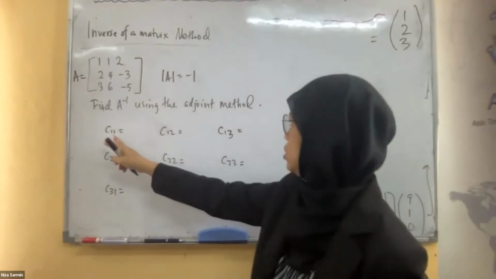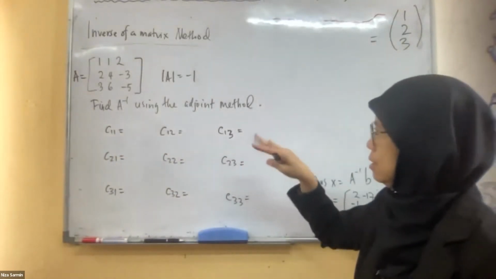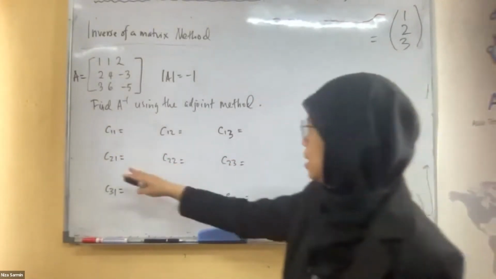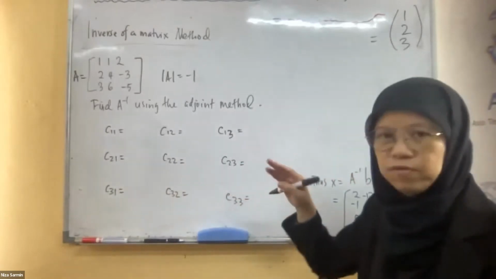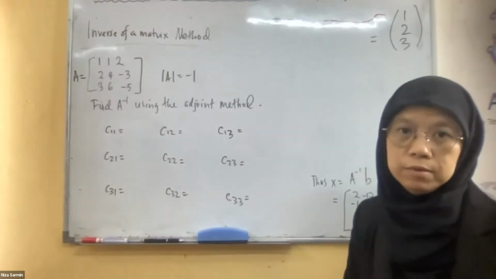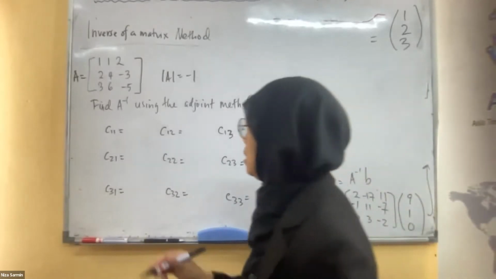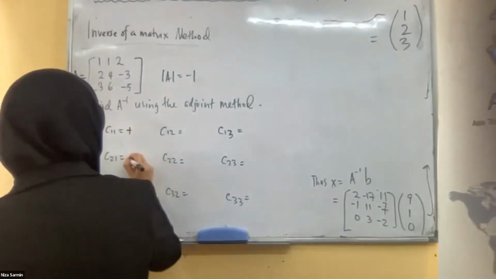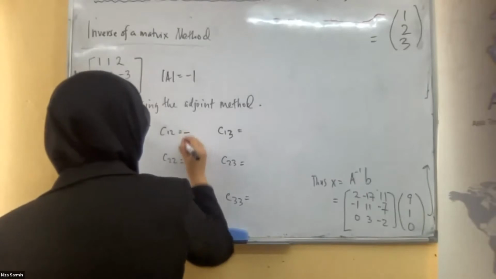The first row is 1, and then different columns. The second row is 2, different columns. The third row is 3, different columns. And then don't forget, I want to put plus and minus.